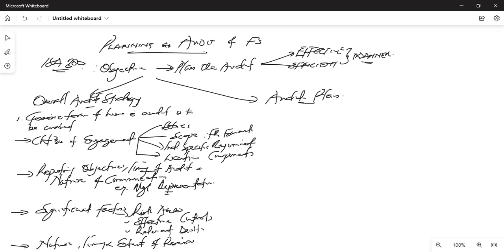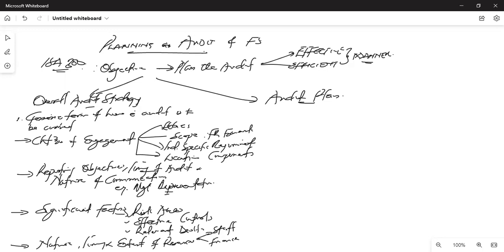We are talking about staff and financial resources. But sometimes in the audit, you have to travel. So these are the things that are spelled out in your overall audit strategy, okay?